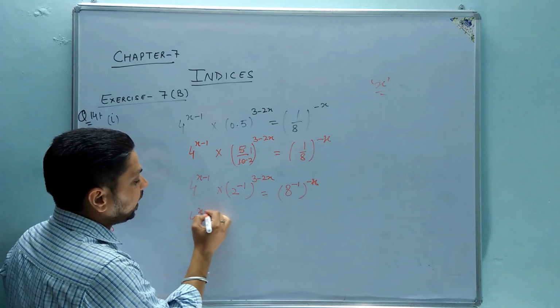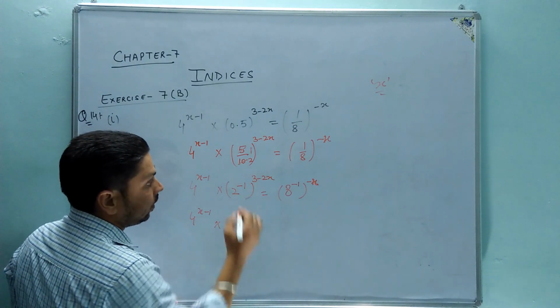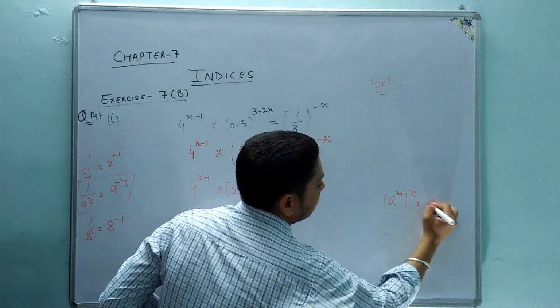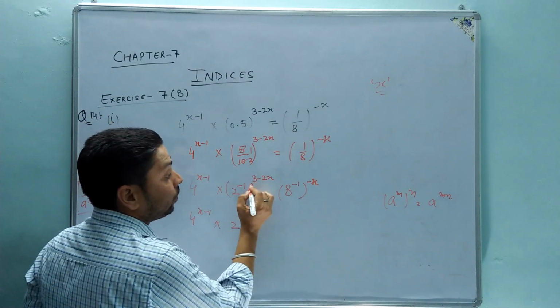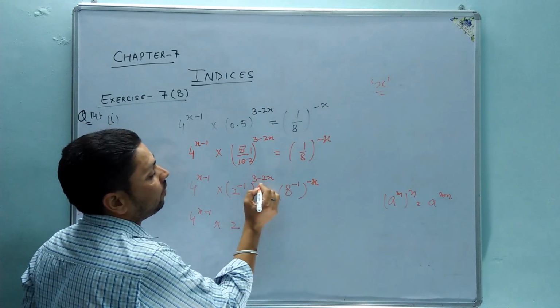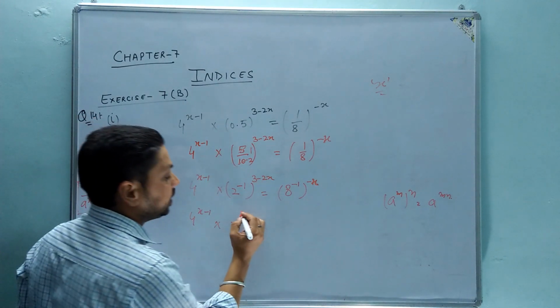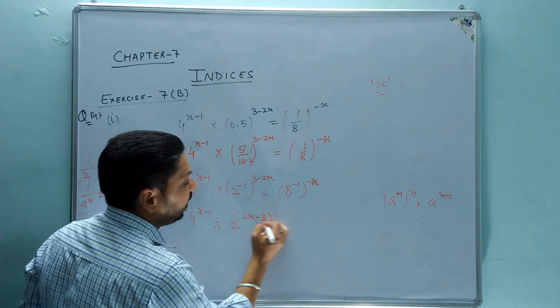So what we will have: 4 raised to power x minus 1 into 2 raised to power, using the property that the power of a power, a raised to power m whole raised to power n, is a raised to power mn. We'll multiply this. Now when minus multiplies with this term, minus changes into plus and plus changes into minus, so I can write it as 2x minus 3.